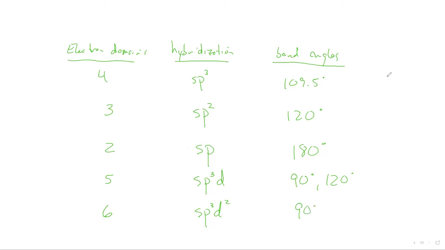So sp3 corresponds to your tetrahedral, sp2 corresponds to your trigonal planar, sp corresponds to linear, sp3d corresponds to trigonal bipyramidal, and sp3d2 corresponds to octahedral. And I'll try to hit this more in lecture as far as the hybridization.